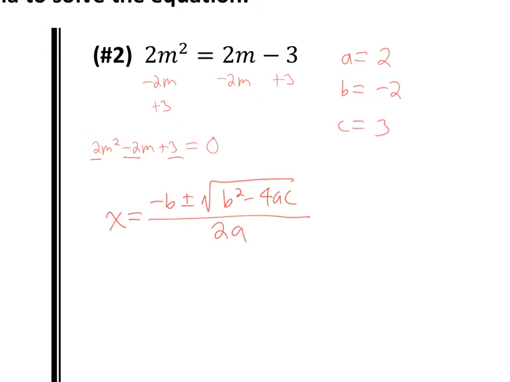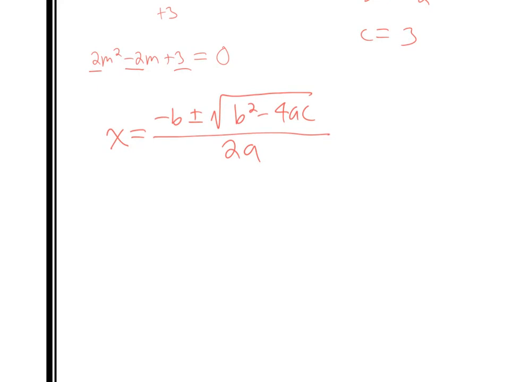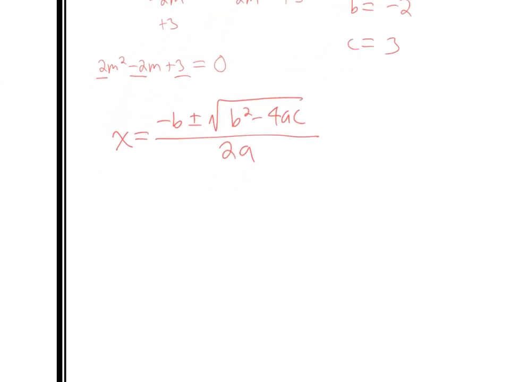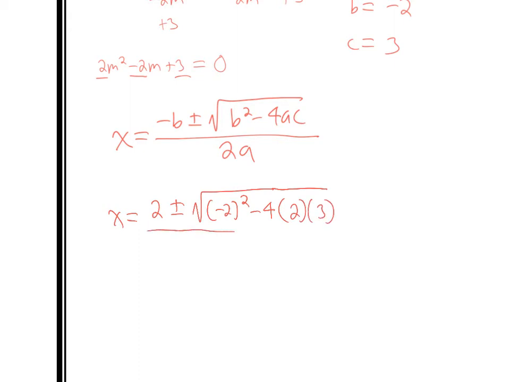All right, we're going to plug into the formula again, so let's do it. The opposite of b, b is -2, so the opposite of -2 is +2. Plus or minus the square root of b, -2, squared, minus 4 times a, which is 2, and c, which is 3, all over 2 times a, and a is 2.